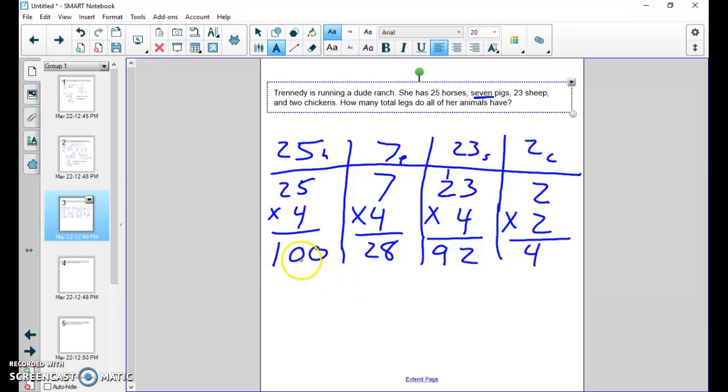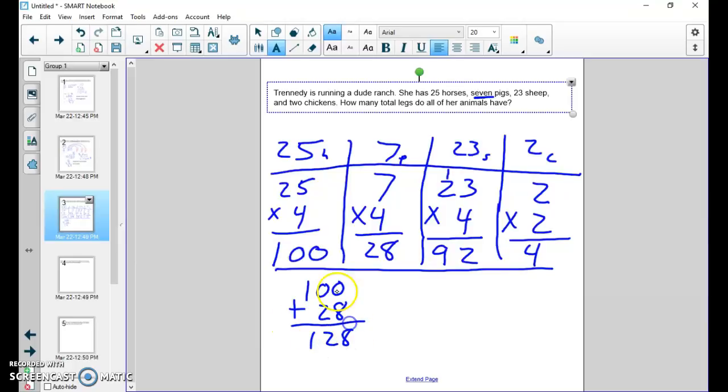So if I'm trying to take the totals or combine all of these, that would be what operation? Addition. Hopefully you said addition. Now, also, it's not multiplication because these aren't equal groups. You can't do 100 times 4 because this isn't 100. They're not equal groups. All right, I'm going to do 2 numbers at a time and keep a running total. 128. So I'm done with this one.